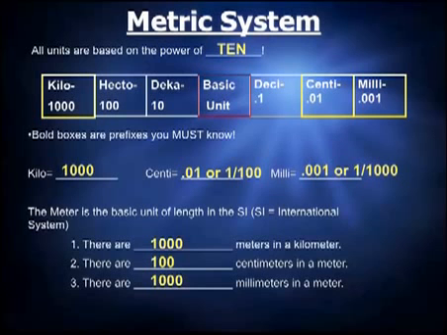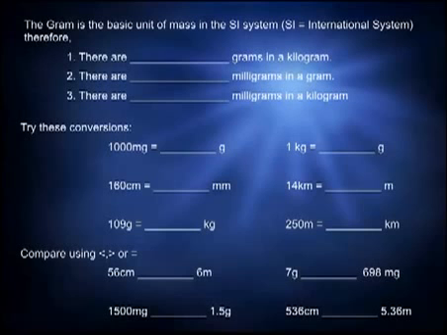Alright, so let's look at some conversions. This is what your homework's going to be like, doing a bunch of conversions similar to these. Now meters are the base unit for length, but for mass we use grams. What do we use for volume? Anybody know? The base unit for the metric system? Ounces?